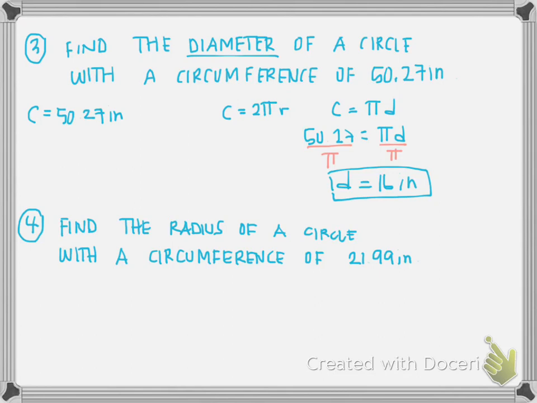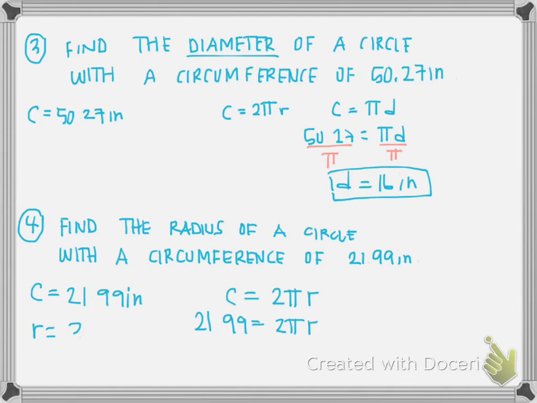So what about number 4 here? I want to find the radius of a circle with a circumference of 21.99. I know my circumference is 21.99, and I want to find the radius. Remember, the circumference has 2 formulas, so we could use 2 pi r. You would say 21.99 equals 2 pi r.